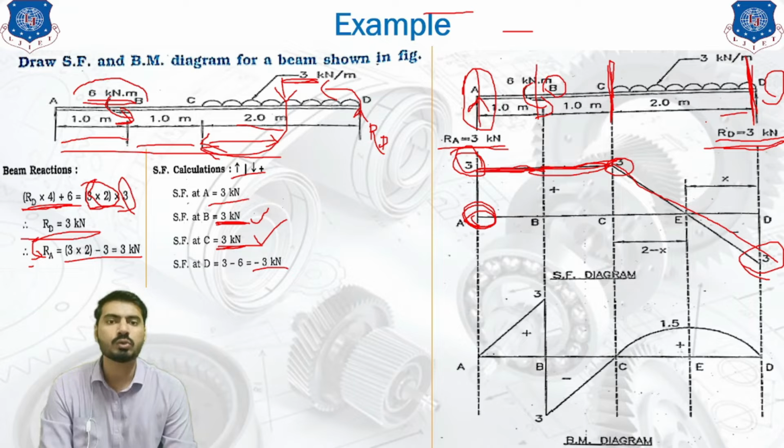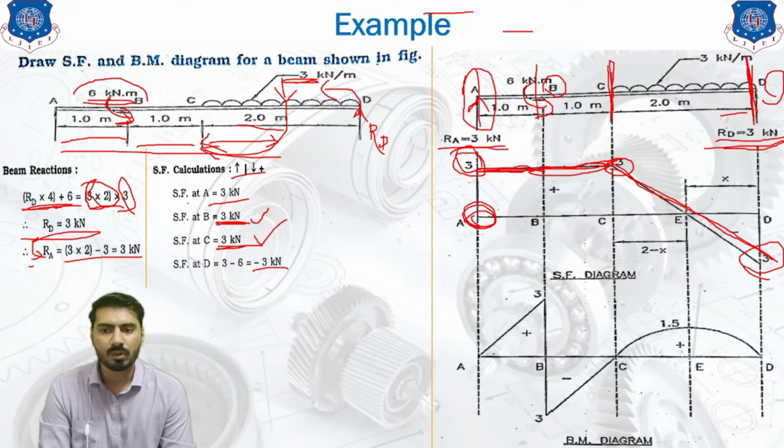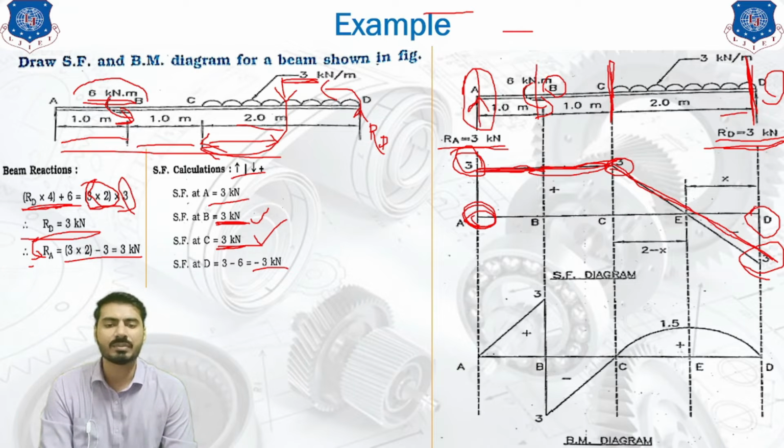And in order to draw the shear force diagram for the UDL section, you have to use an inclined line. So we have connected the point C and D by an inclined line. Now ultimately at the point D, we will close our shear force diagram with the zero value. So this is how the entire shear force diagram is calculated, or we have seen the entire shear force diagram.